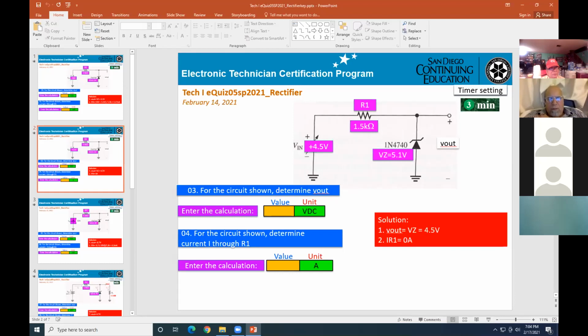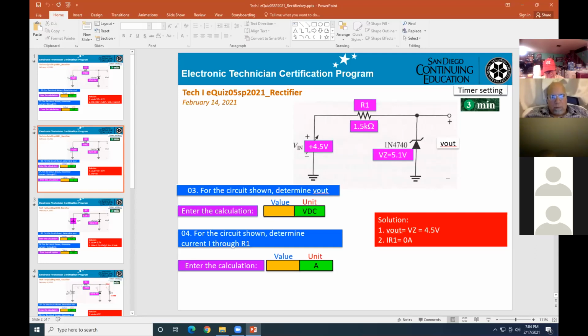What's the answer for number 4? Number 4, that means IR1 is 0 amp. Okay. You can see the red one displayed. This key is only for 1 and 2, Mr. Pham. Yeah, I was supposed to change it to 3 or 4.